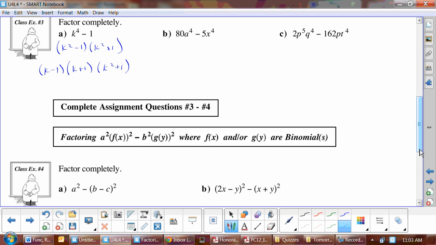Okay, let's do B. Any suggestions? Take out 5. Is that the best we can do? Yeah, that'd leave me with 16a to the 4 minus x to the 4.